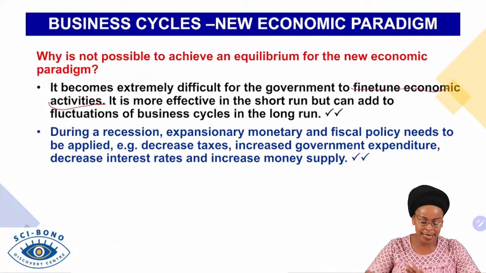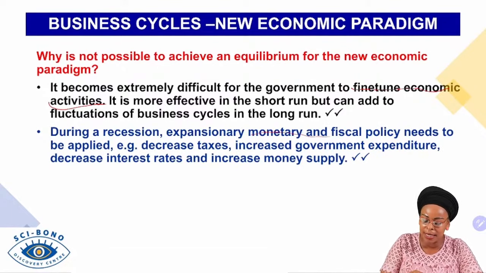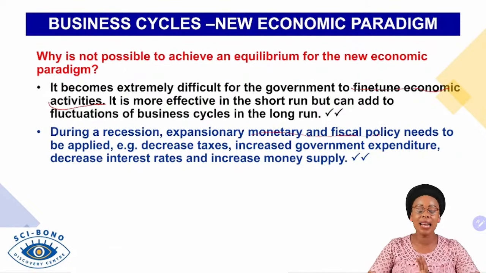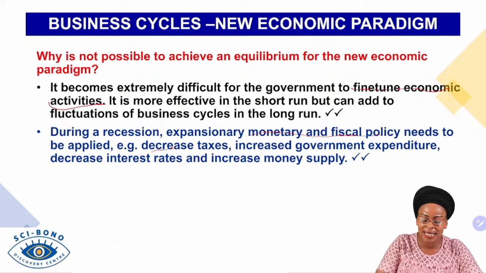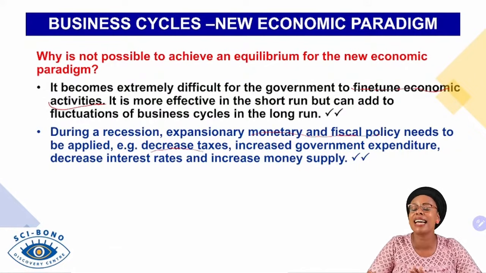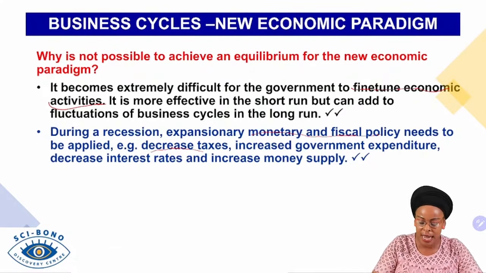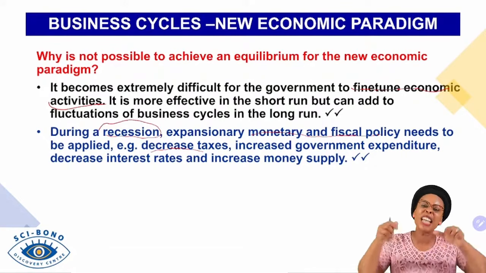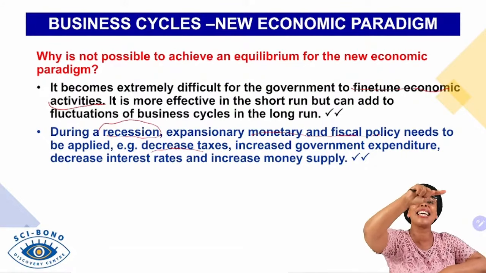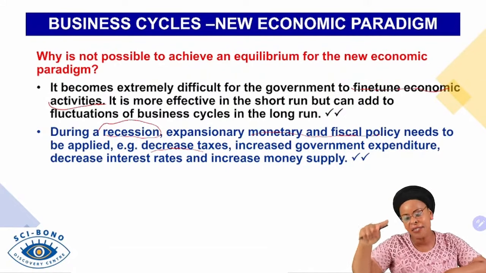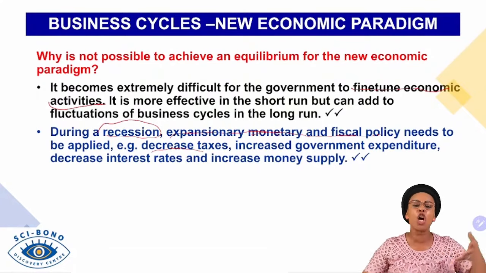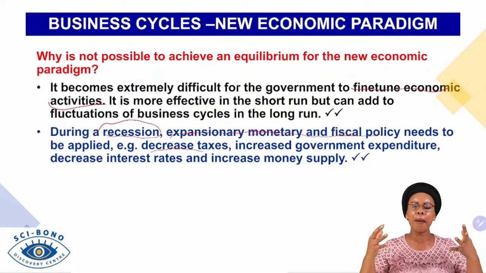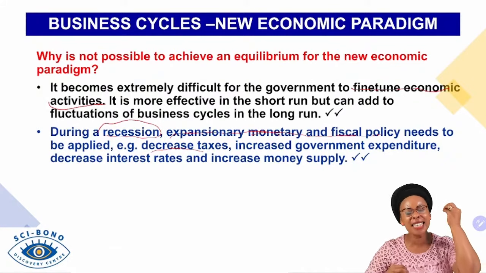So during a recession, expansionary monetary and fiscal policy needs to be applied. What the government will do, apart from using the supply side policy, during the recession phase, during the contraction, where the business cycle and business economic activities are declining, the government can use expansionary monetary and fiscal policy to make people spend more, businesses spend more.